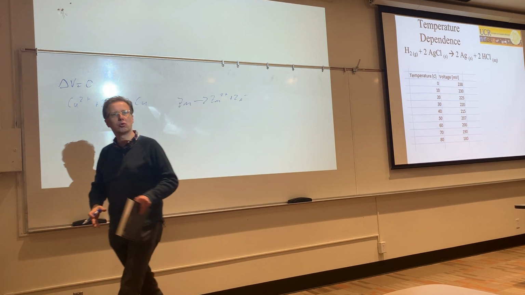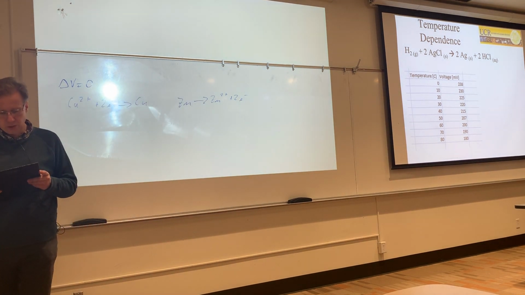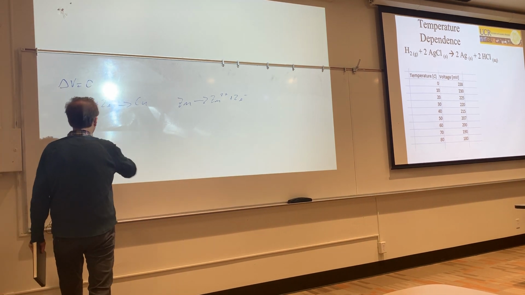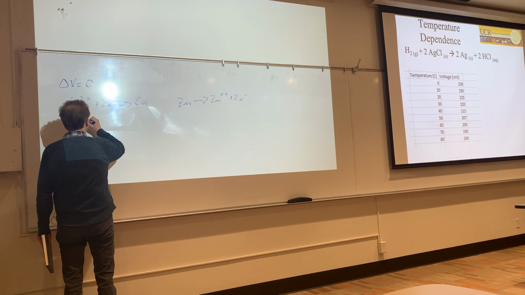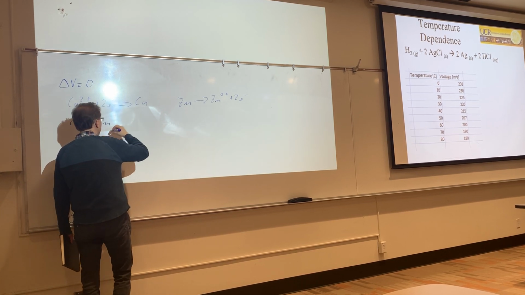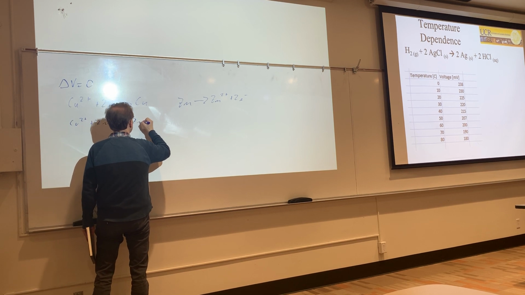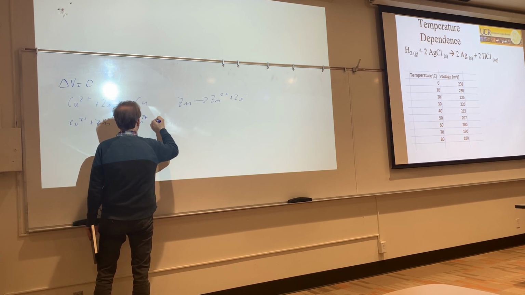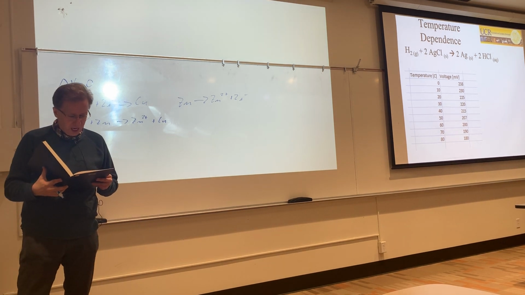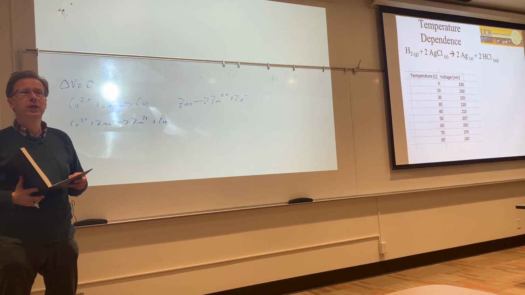I have an equilibrium between those two reactions. And I can add them up, of course, and the overall reaction in the Daniell cell is that copper ions plus zinc makes zinc ions plus copper. So I have an equilibrium between them.